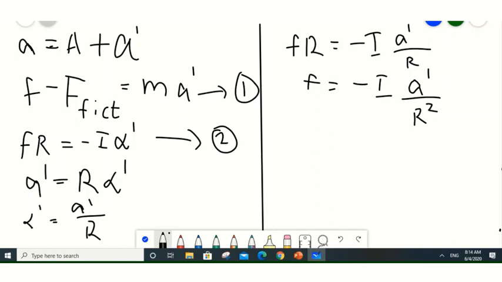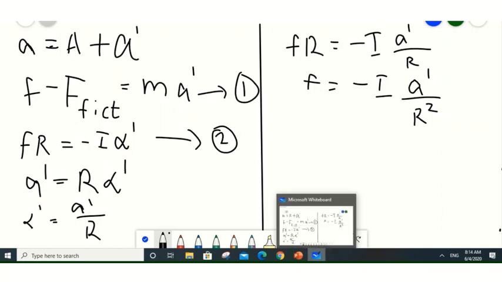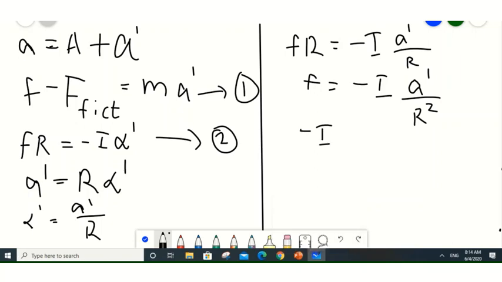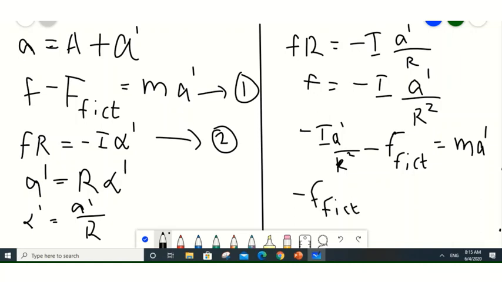And if we put this value of small f in equation 1, we can write minus I a dash by r square minus F fictitious is equal to m a dash, or minus F fictitious is equal to a dash, which can be taken out, times m plus I by r square.